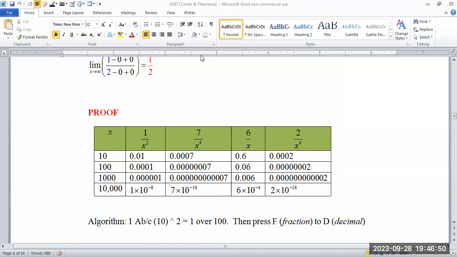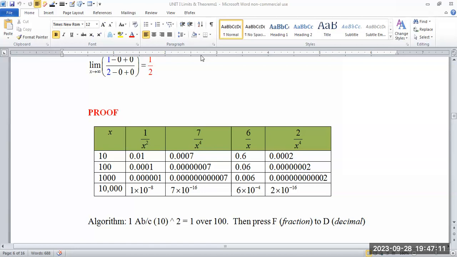And 6 over x is moving the slowest. Okay, I would agree with you with that one fully. Go back to the first one. Or the 2 over x to the 4th. Right.